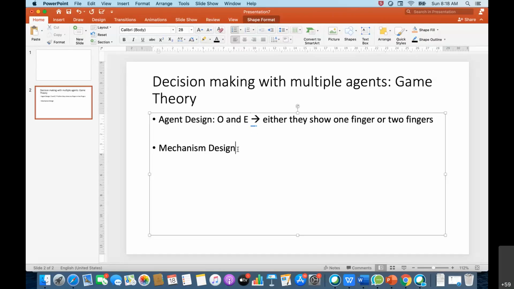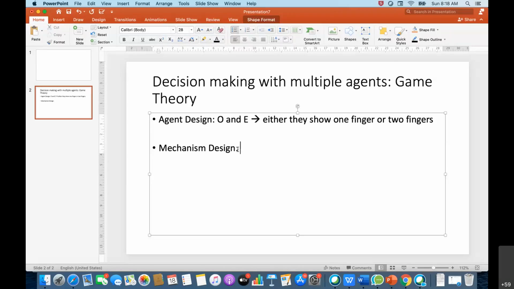Now about the mechanism design. The mechanism of the game is that we sum up the total number of fingers. Since they have to show at least one finger each, the total number of fingers will be 2, 3, or 4. If the total number of fingers is an odd number, then E should pay O that much amount.